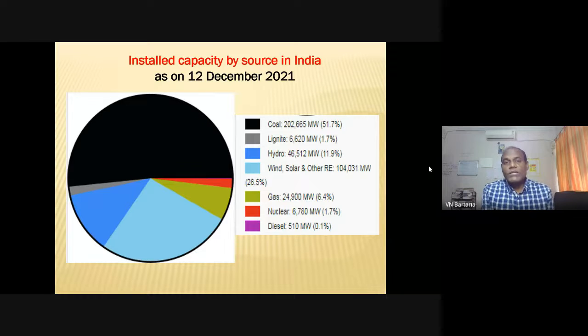So the major electricity generation is based upon coal. Burning of coal, or combustion of coal in thermal power plants, is the main source of getting electricity in India.